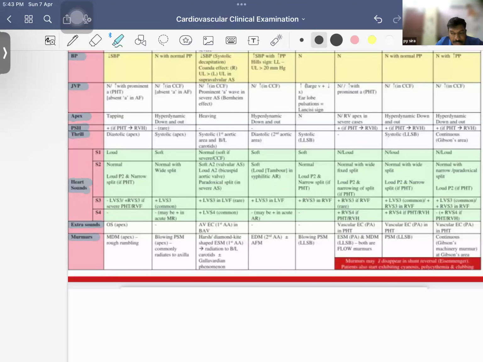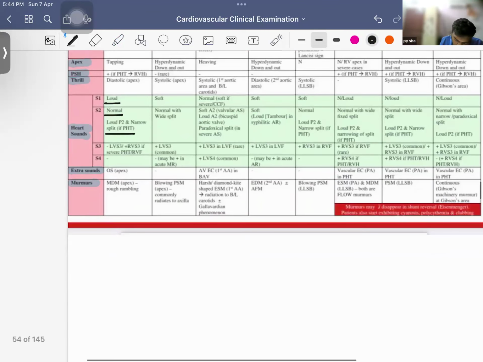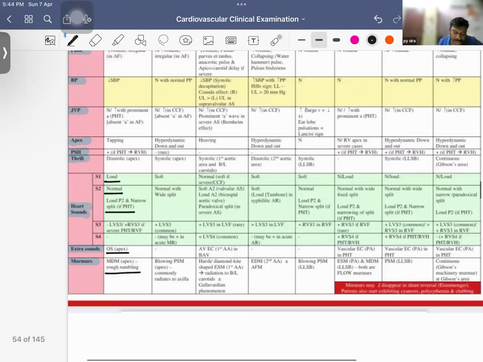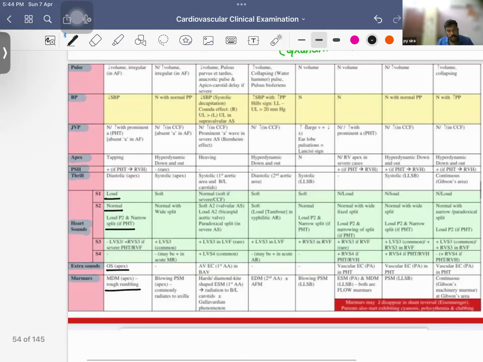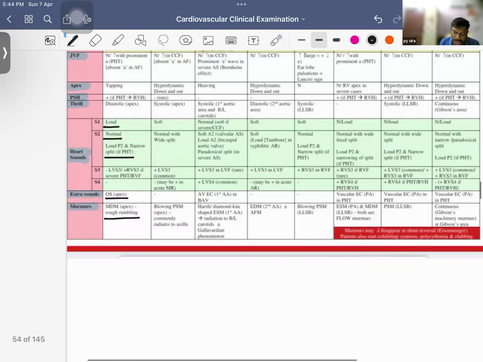The patient is going to have a loud S1. S2 is normal, S2 becomes loud if there is pulmonary hypertension. There is an opening snap, a rough rumbling mid-diastolic murmur at the apex. What is your diagnosis whenever these features are there?